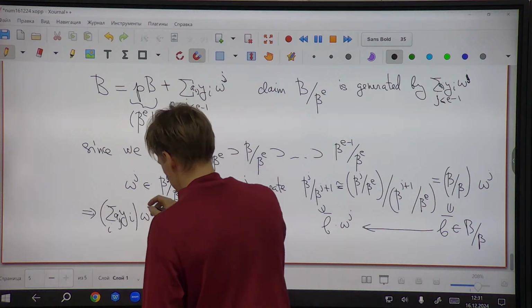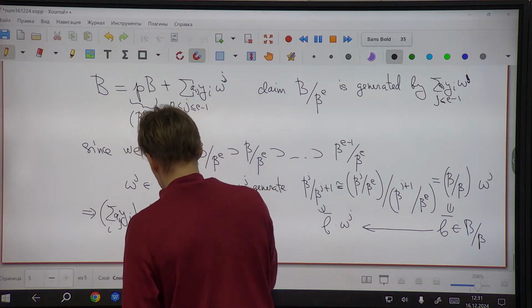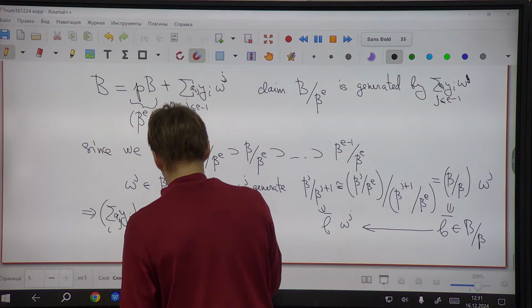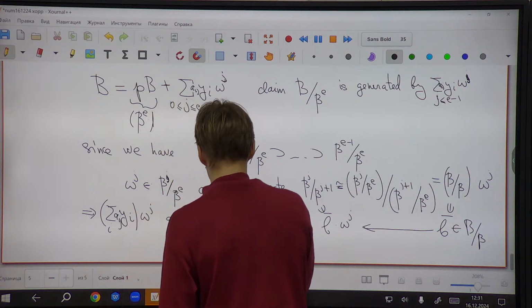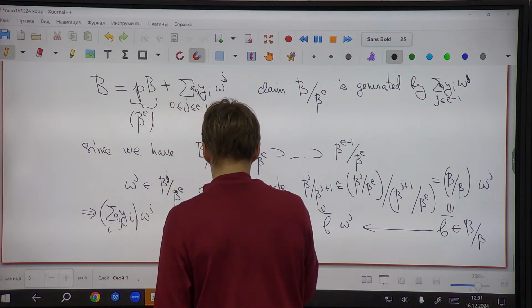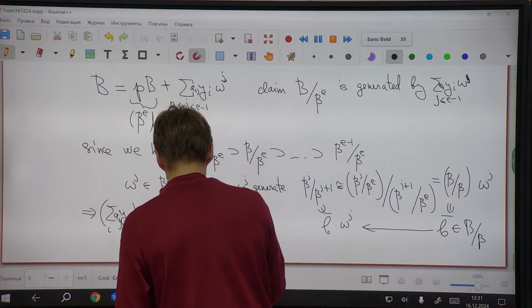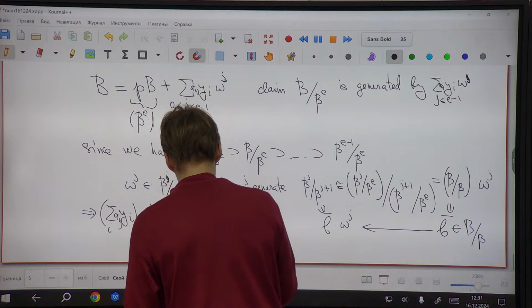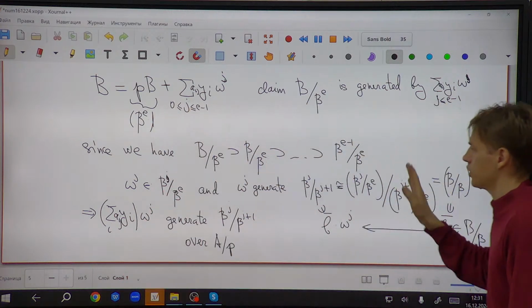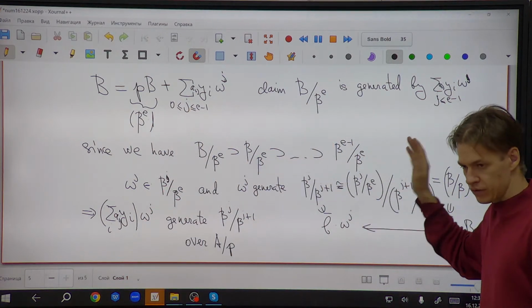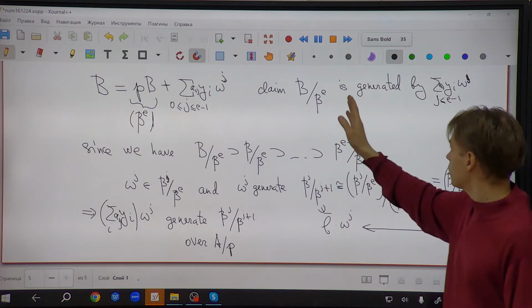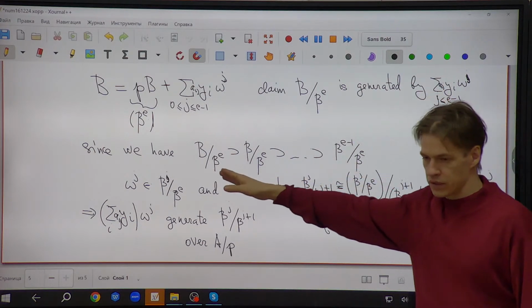So with fixed j, they generate beta j over beta j plus 1 over A mod p. So each factor of the filtration is generated. That's why all the elements together generate the whole thing.